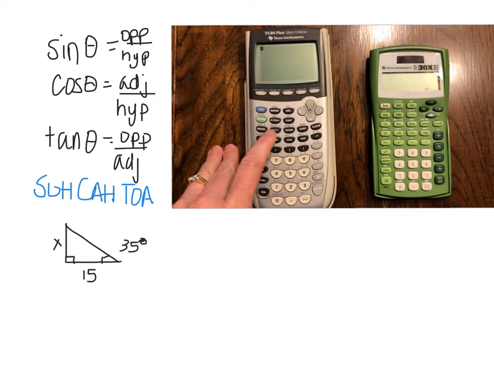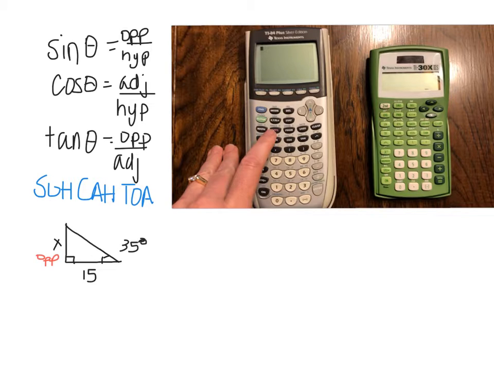So how do we use Sohcahtoa? What we're going to do is look at the angle. If this is our angle and this is 35, we want to see what is across from it. What I see that is across from it is the opposite. So I'm going to label that my opposite by just putting OPP, opposite. And then what I see is that next to my angle is this 15.